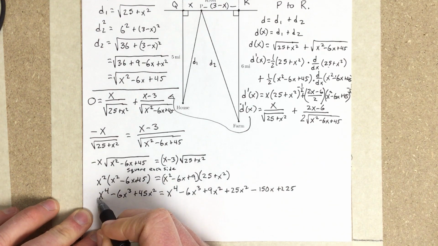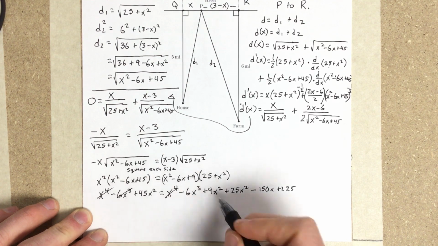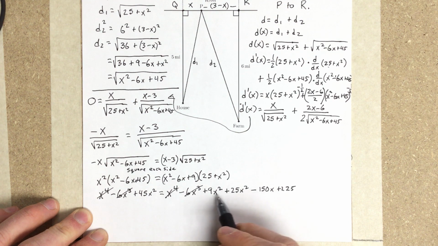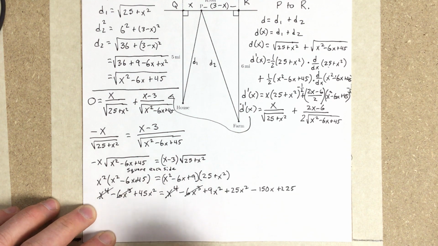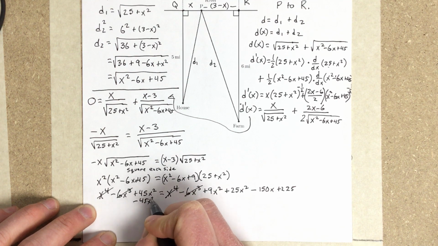We can cancel now the x to the 4ths because they're on opposite sides of the equation, and the negative 6x cubes. And then I could combine these x squareds together, and at the same time I'm going to subtract over this 45x squared.